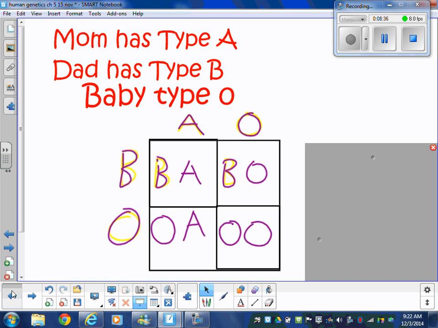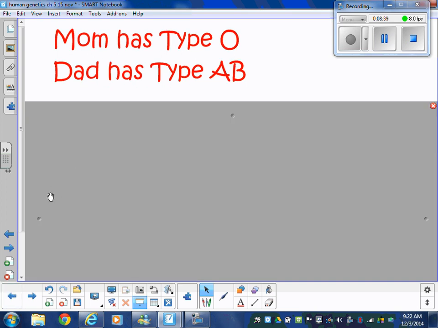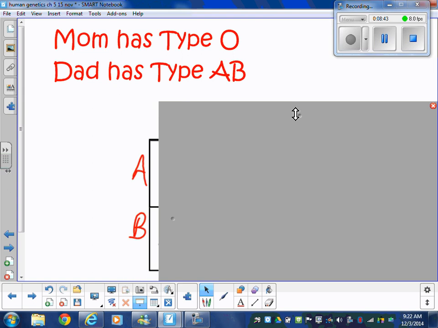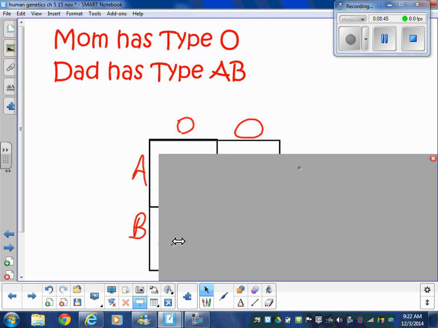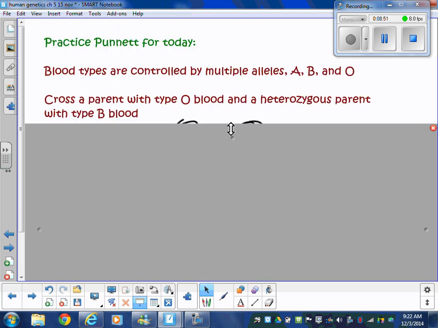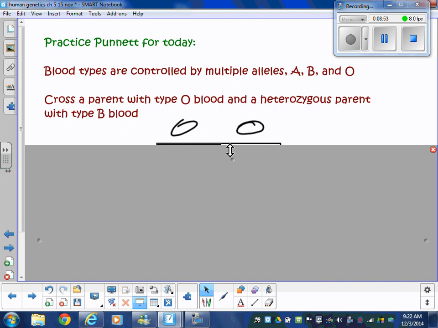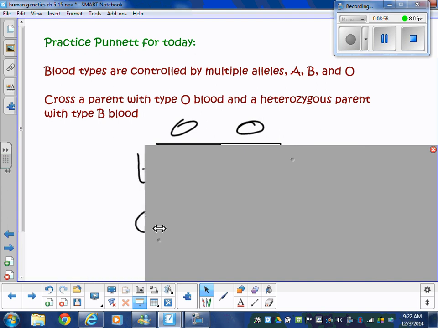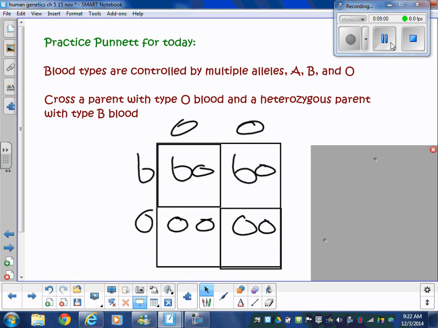We'll go back to the easier one. And then the one we started with. All right, and there you go. That is our lesson for today.